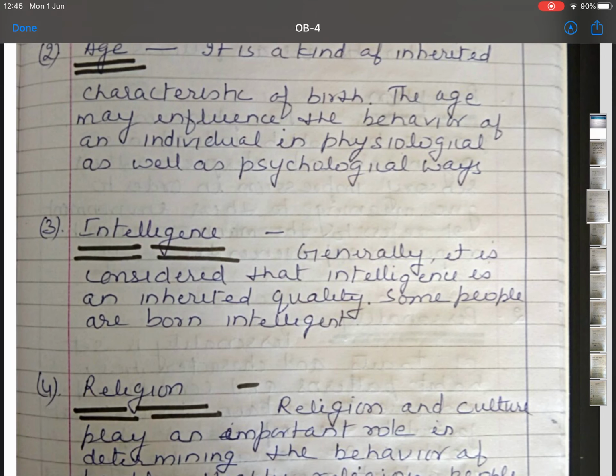Generally it is considered that intelligence is an inherited quality. Some people are born intelligent, but practical experience has shown that sometimes very intelligent parents have less intelligent children, and sometimes average parents have intelligent children too. However, intelligence can be enhanced by efforts, hard work, proper environment, and motivation.